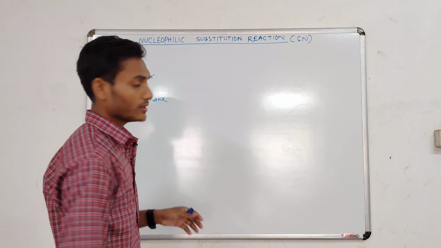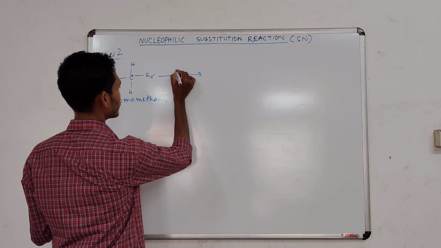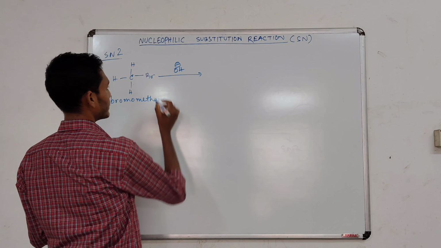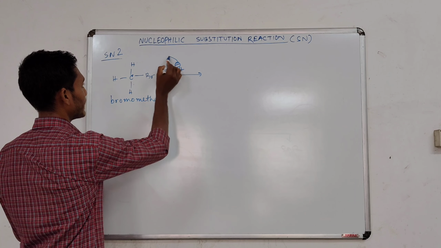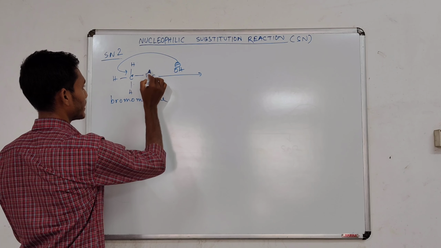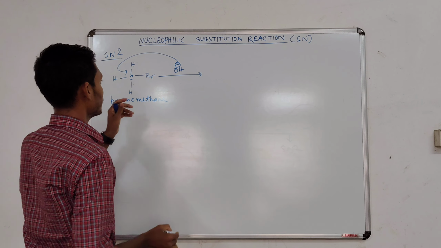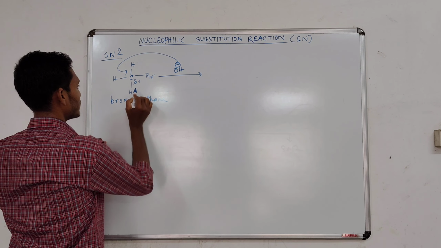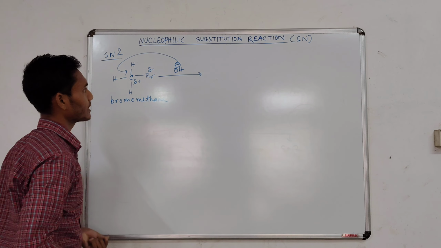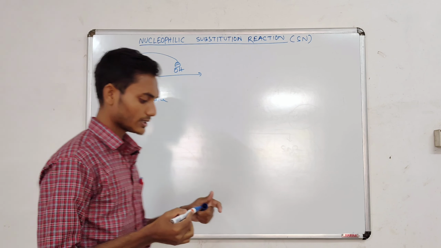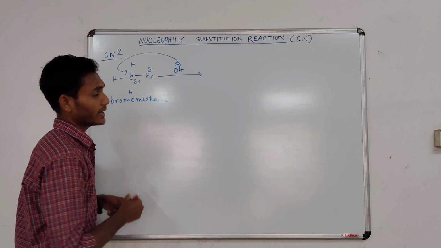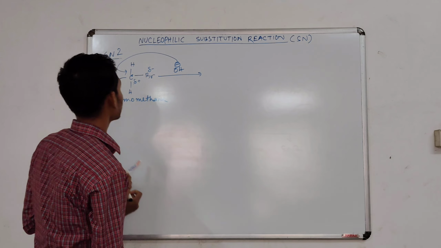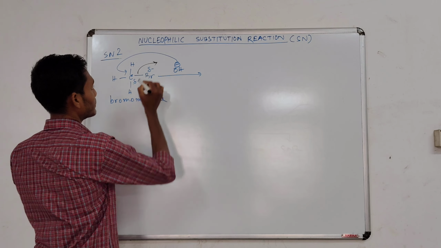When a nucleophile attacks bromomethane, a backside attack occurs. OH minus attacks from the back side of the leaving group Br. Why backside attack? Here carbon is partially positively charged and bromine is partially negatively charged. So OH minus, being a nucleophile, attacks the positive center, that is carbon. Here OH minus attacks carbon and bromine leaves.